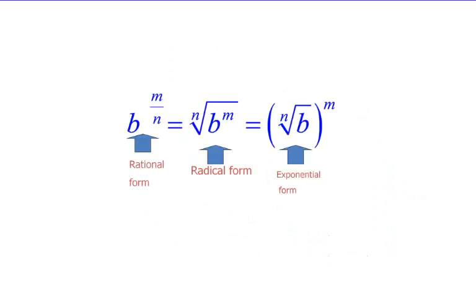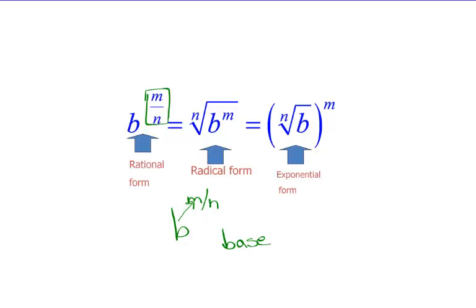When we have a fractional exponent, when our exponent is in rational form, when it's a fraction, we have a couple of choices. We know that the numerator is the exponent to the base.